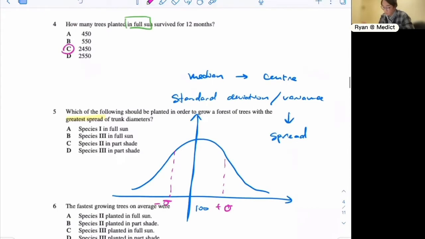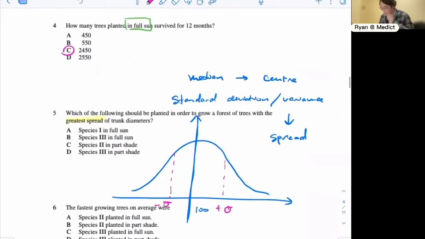So let's just compare, right? Let's just think about this. This is a case of normal distribution, but sometimes what we get is a really narrow curve, or we can have something like this, right?